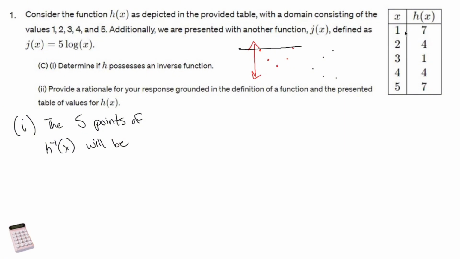In order to find the inverse, you literally swap the x's and your y's. So our 5 coordinates will be (7, 1). Maybe I should say coordinates instead of points, but there's nothing wrong with saying points. It just sounds more professional, I guess. (1, 3), (4, 4), and (7, 5).